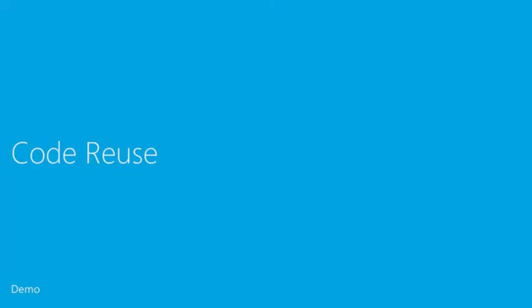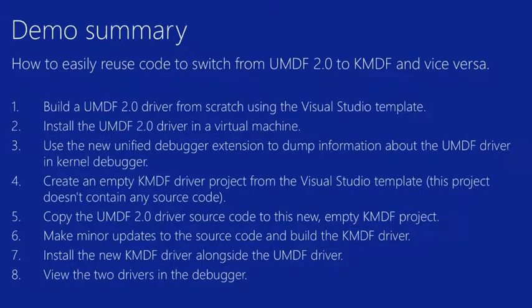Now let's get to the demo showing code reuse. In this demo, I'll show you how to easily reuse code to switch from UMDF 2.0 to KMDF and vice versa. So we will first build a UMDF 2.0 driver from scratch using the Visual Studio template.